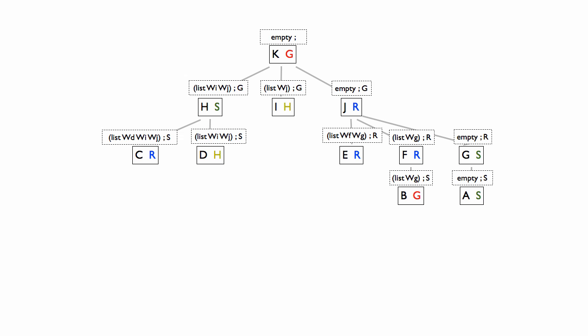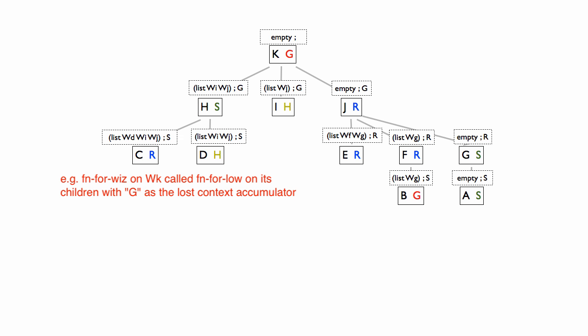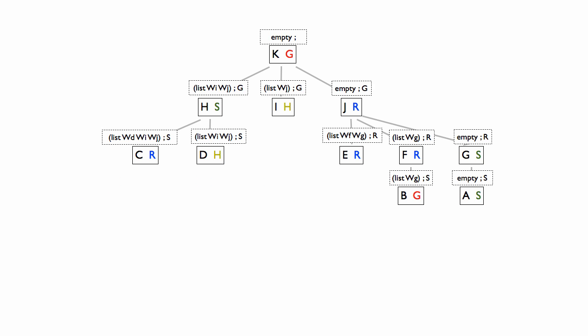There's a little bit of a wrinkle to this problem. The caller, the previous call to fun-for-wiz, called fun-for-low with its house. But that worked in the non-tail recursive version.